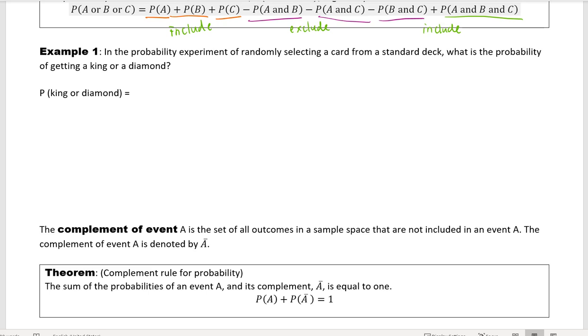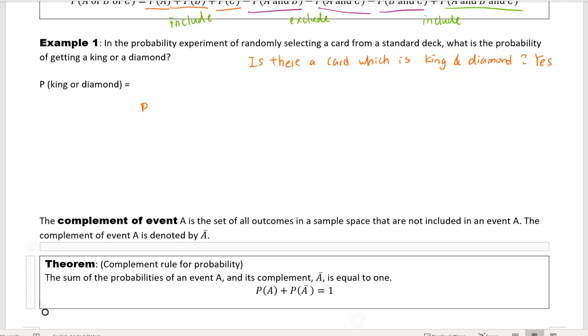Yes, the king of diamonds. So that's why they are not disjoint. So we use the general addition rule, which is the probability of king plus the probability of diamond minus the probability of king and diamond.